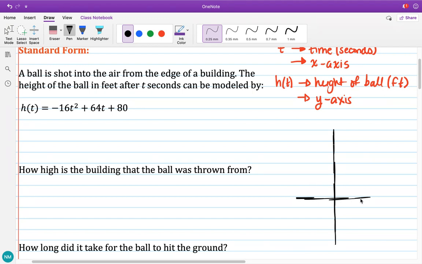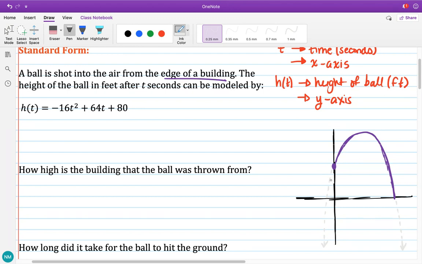So here, what we're really dealing with is a function that starts at some point because it starts on a building. It's shot into the air from the edge of a building, and then it comes back down. So there's your parabola. Technically, our parabola really continues down here infinitely and down here.